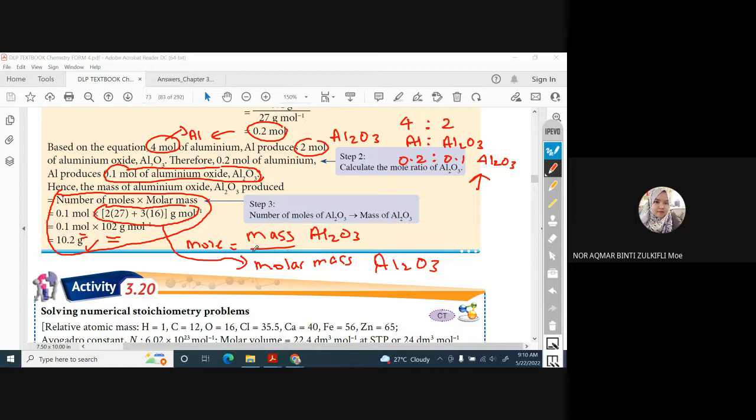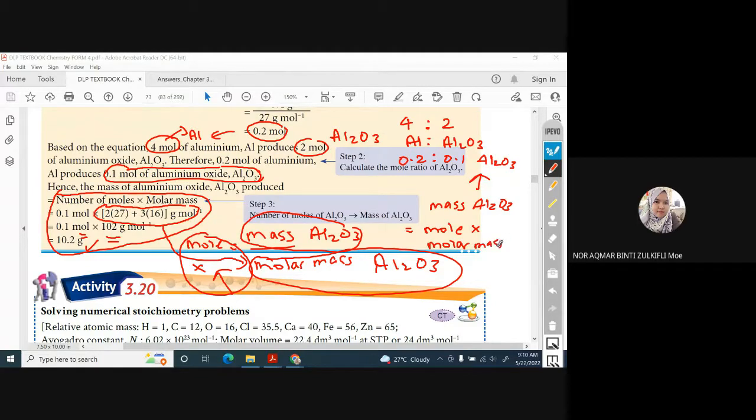Okay, ini macam biasalah, you change when you want to find the mass. Ini molar mass times naik atas, okay, times with mole. Okay, means mass Al2O3 equal to mole times molar mass Al2O3.